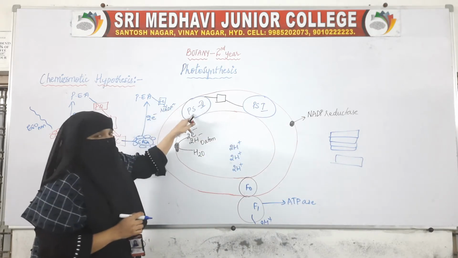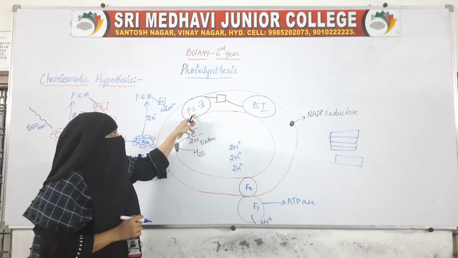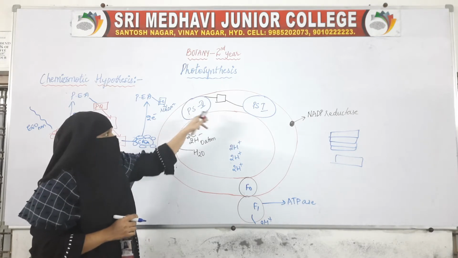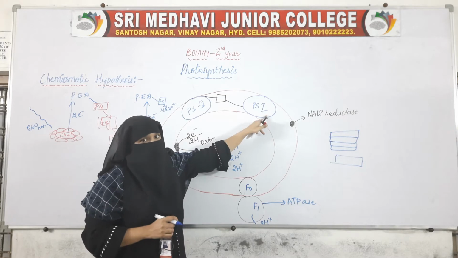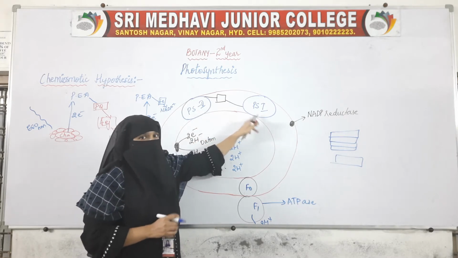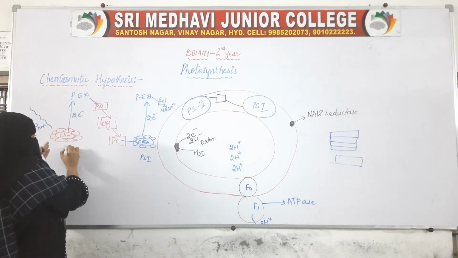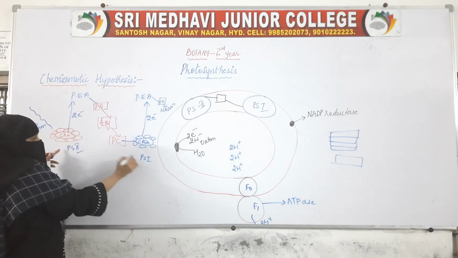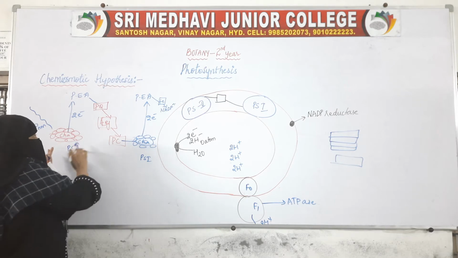On this thylakoid membrane we have photosystem 2 as well as photosystem 1. This is photosystem 2 and this is photosystem 1. So the Z came.